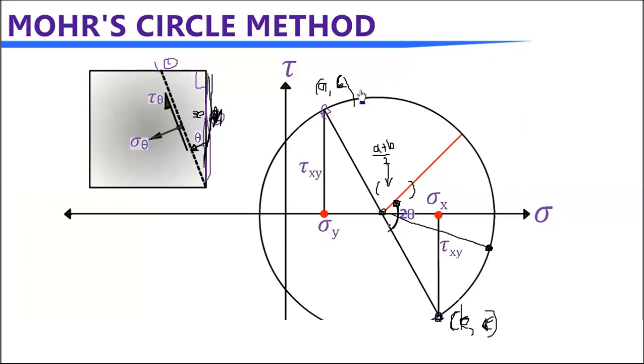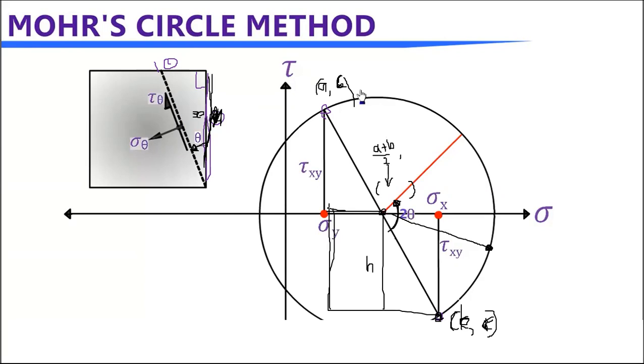A circle, right? This is a similar triangle, that's why similar triangle. So you can take the height h1, right?